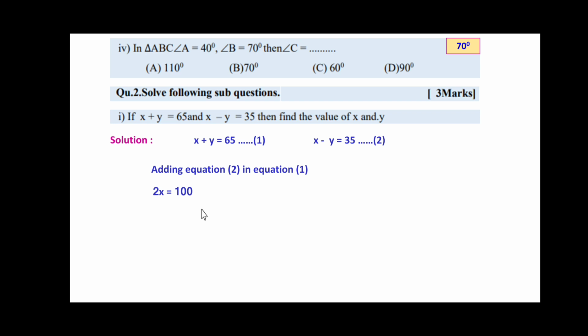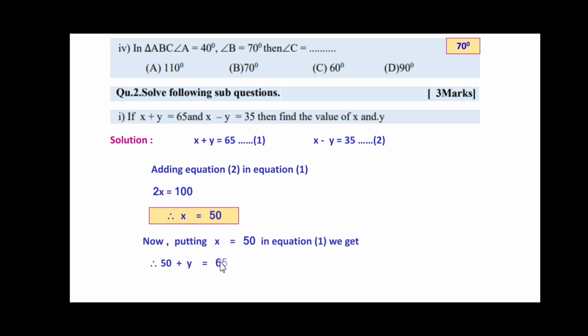Therefore x is equal to 100 by 2, that is x is equal to 50. Now substitute x is equal to 50 in equation 1. So we get 50 plus y is equal to 65. Therefore y is equal to 65 minus 50, that is y is equal to 15.